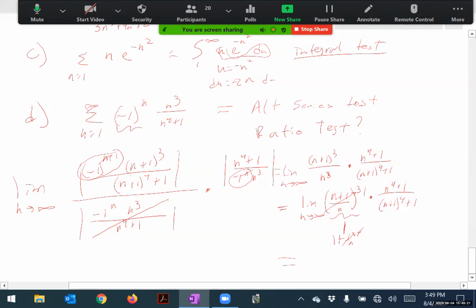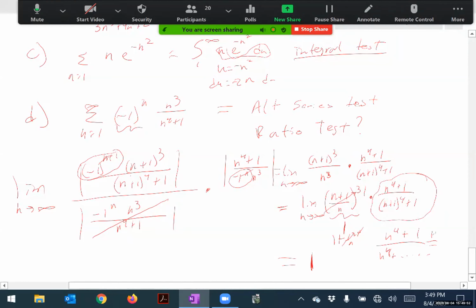So this thing goes to 1, and that goes to 1. 1 times this thing now. Let's convince you that that thing goes to 1. Well, why does that thing go to 1? Because the first terms here are n to the fourth plus 1 over n to the fourth plus 1. So then this thing actually goes to 1. Well, that kind of sucks. How would I know that this thing goes to 1?